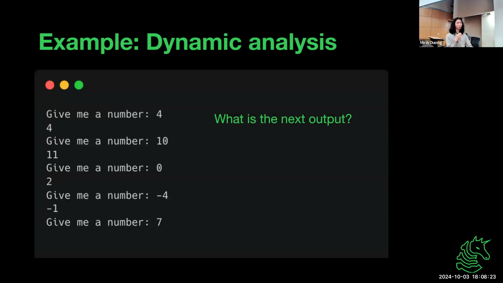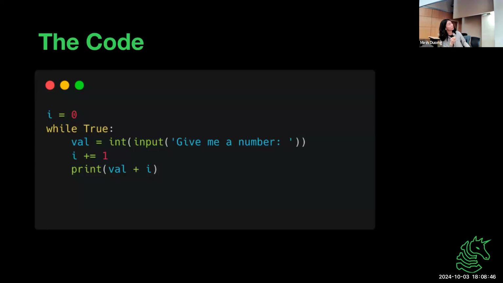So as an example of dynamic analysis, we have these inputs and outputs. Can anybody guess what the next output is? Any hands? Yes, the next output is... Trust us.